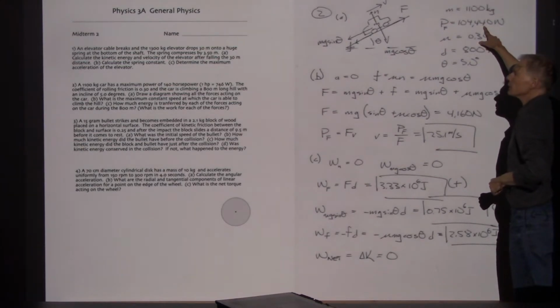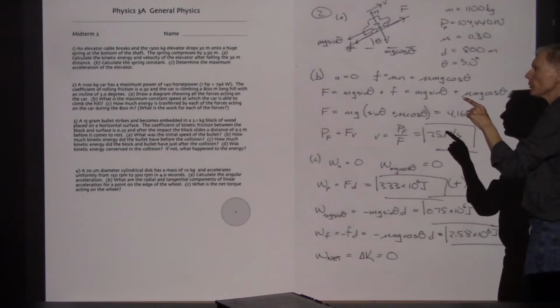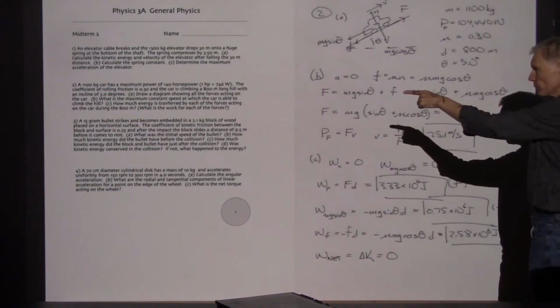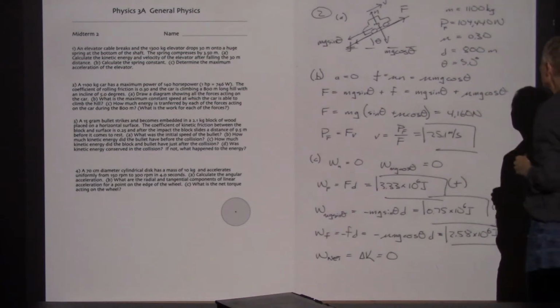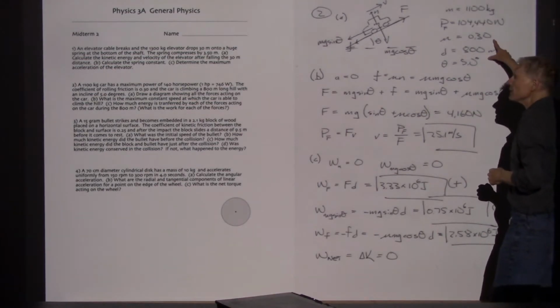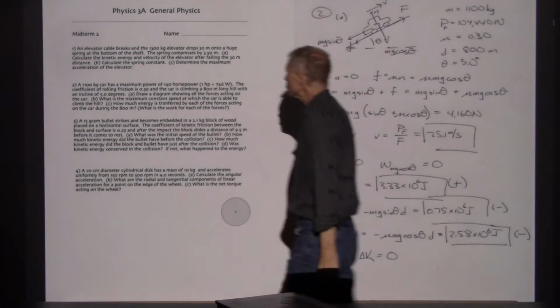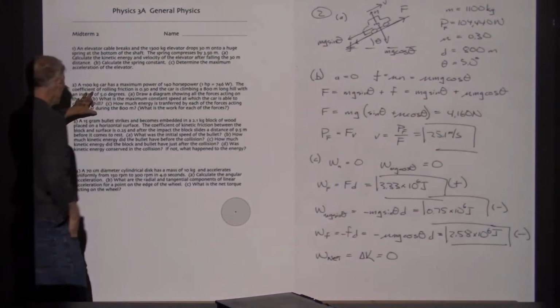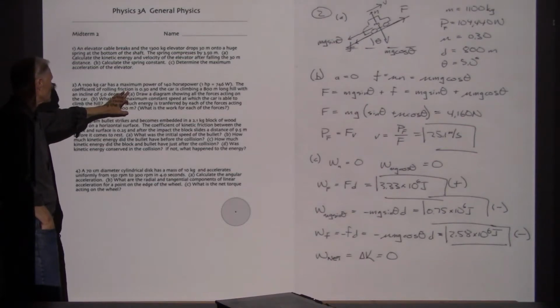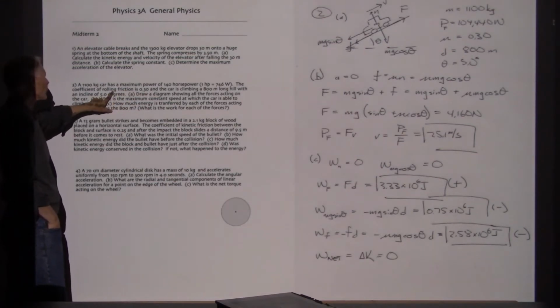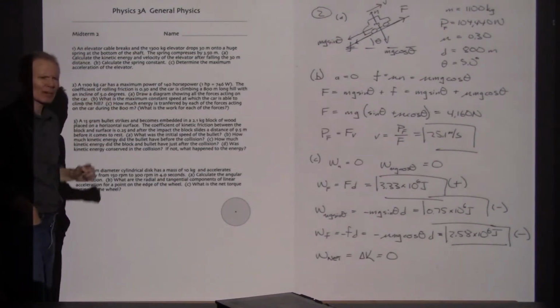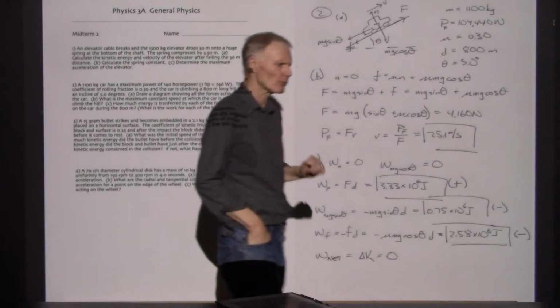The car is 1,100 kilograms, is what they told me. So I'm making sure I got the right numbers here. This is weird too. It says that we have a coefficient of friction 0.30, but they're calling it rolling friction.